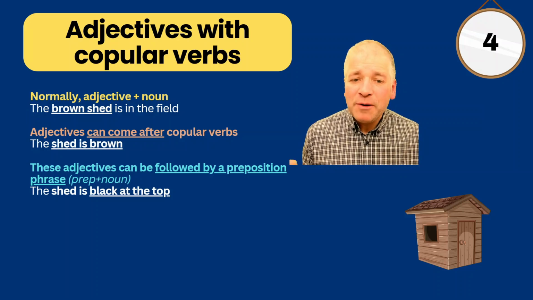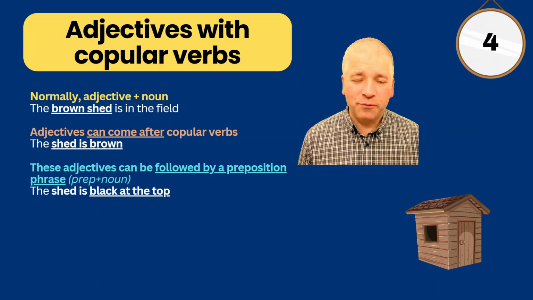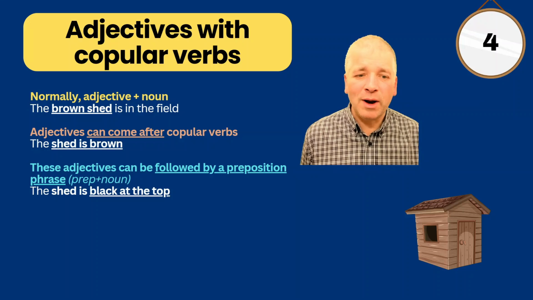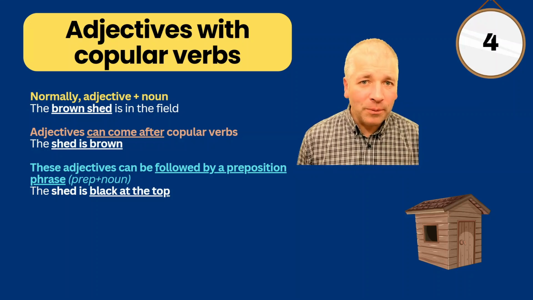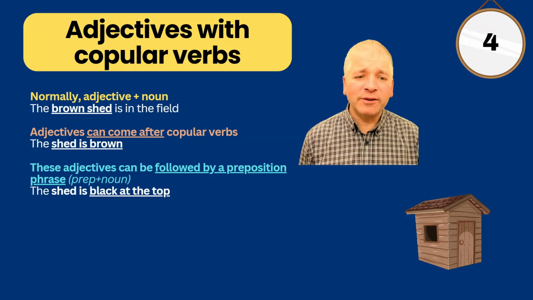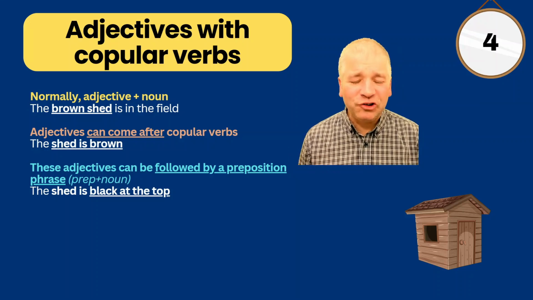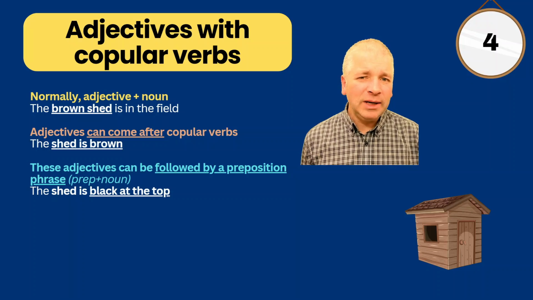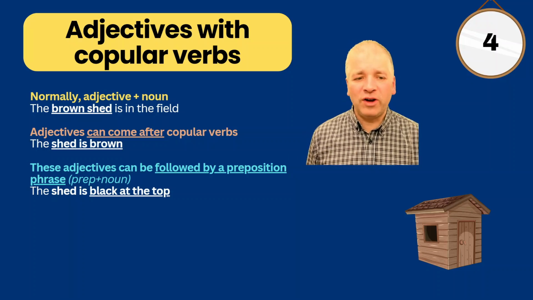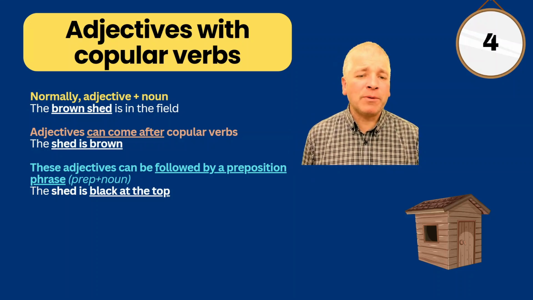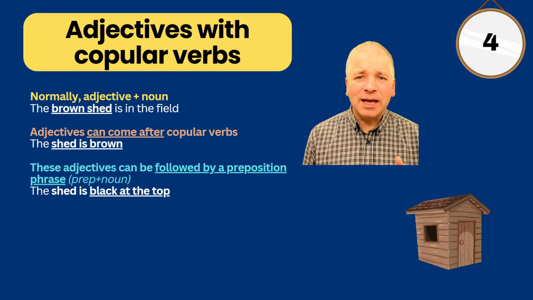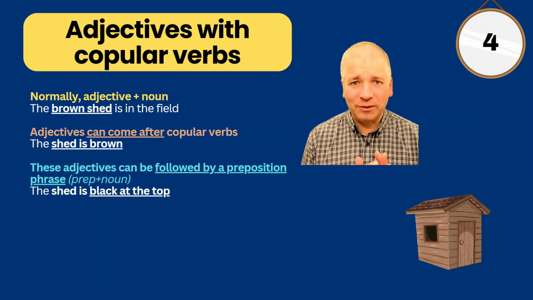These adjectives can be followed by a preposition phrase, or sometimes called a prepositional phrase. The shed is black at the top. So here we're adding extra information about the shed, but we need to make it clear we don't mean the whole shed. The shed is black, but where? Only at the top. So we use a preposition phrase afterwards to make it clear what we mean by the black. It kind of describes the adjective.